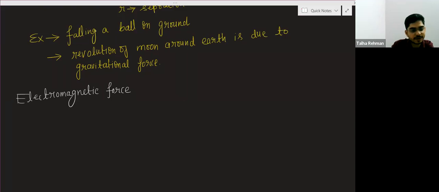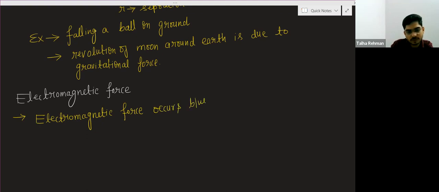Electromagnetic force occurs between electrically charged bodies.